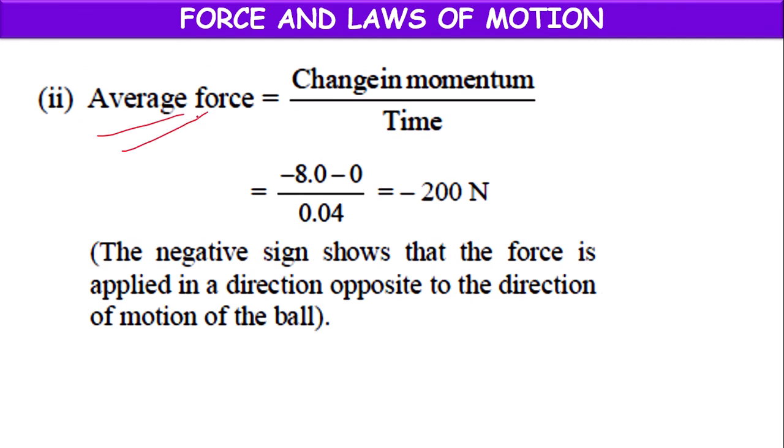So, average force. How to calculate average force? We have a formula which is change in momentum by time. So, change in momentum, how much? Minus 8.0. Minus 0 means no need to keep it. Already we have calculated, which is minus 8.0. No need of minus 0 here. Minus 8.0 by 0.04. But here, point after one decimal is there.